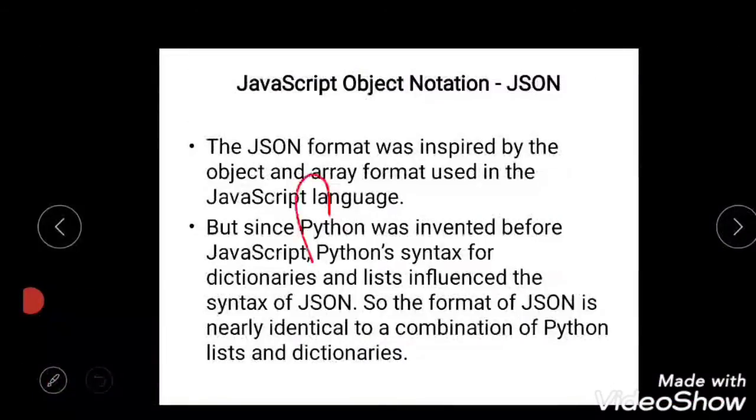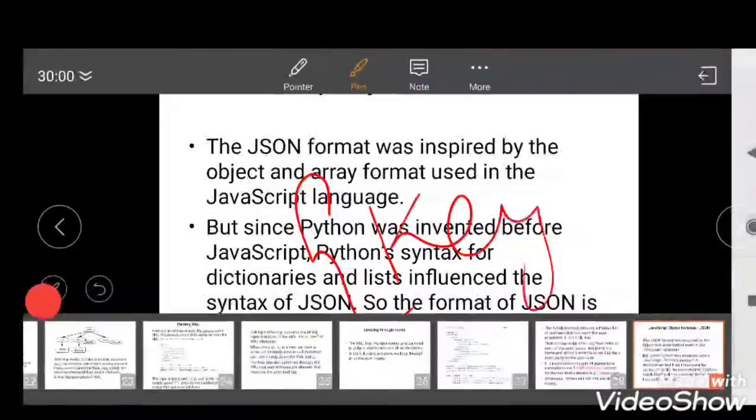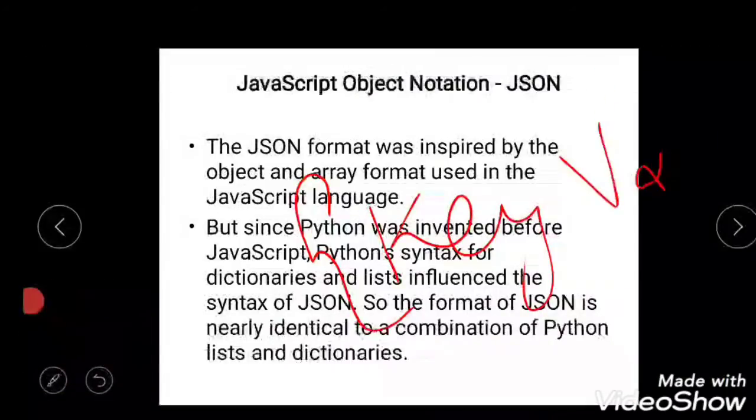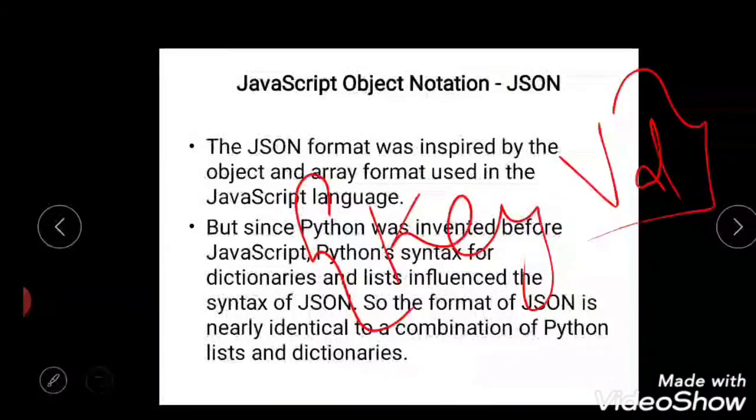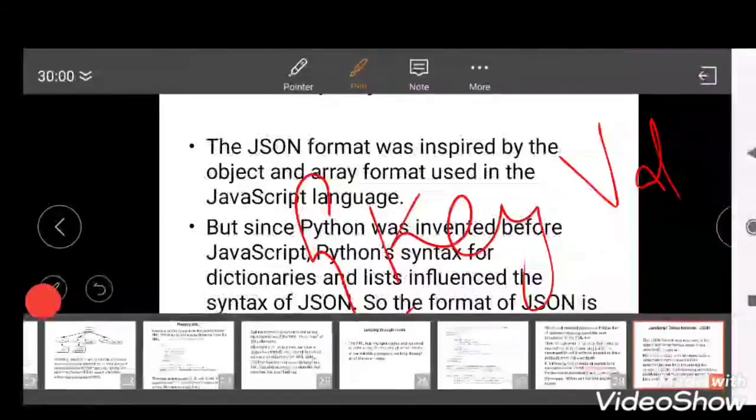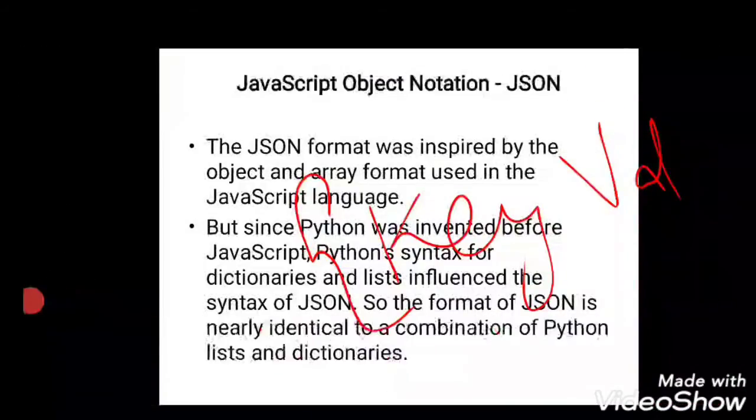In Python dictionaries we use curly braces, and within this we use a key, then a colon, and then a value, right? So it is called a key value pair. So in here we have that key value pair in JSON. Okay.